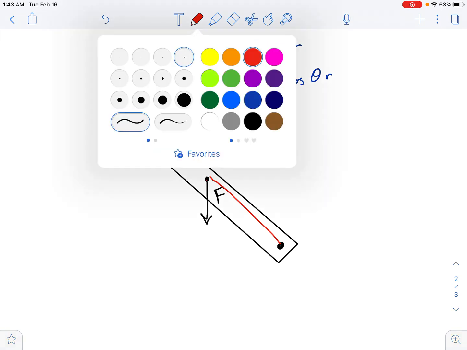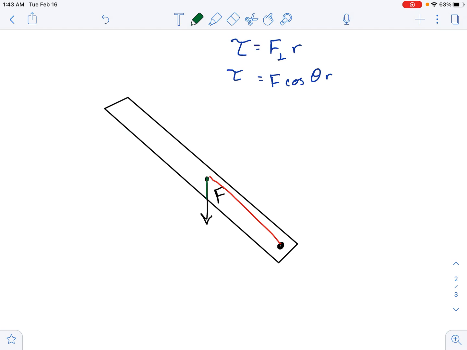Let's make this a different color. I can extend my force down, right? I'm not changing the amount of the force. I'm just creating my triangle here. And I can create my triangle, and I can use the perpendicular portion of my radius, right?